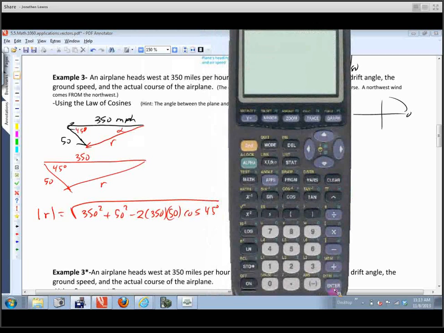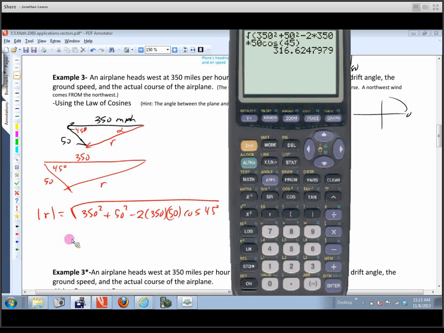Clear that off. Big square root, 350 squared plus 50 squared, and then minus 2 times 350 times 50 times the cosine of 45, because that's the angle between those two. Okay, so we get 316.